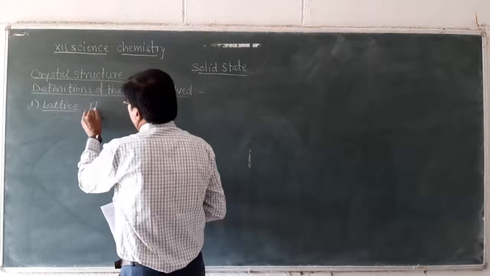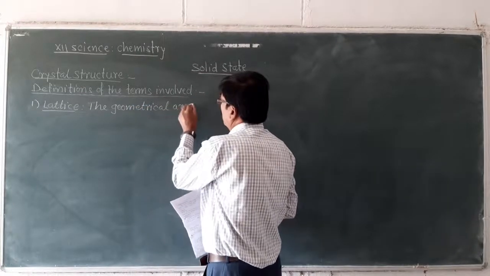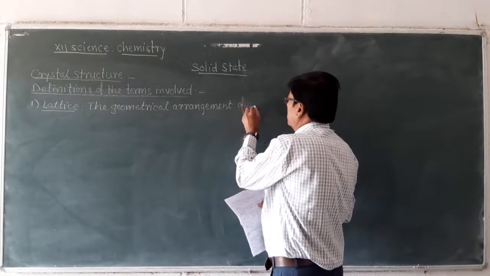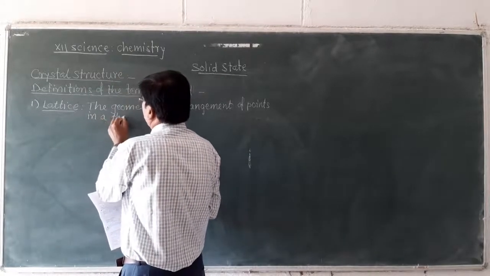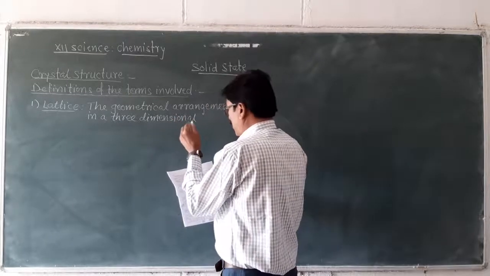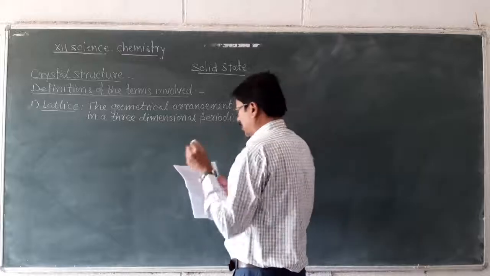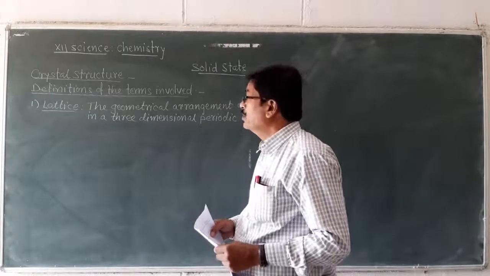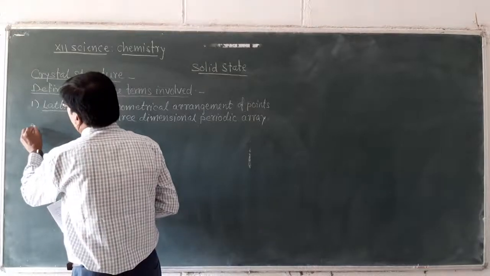The geometrical arrangement of points in a three-dimensional periodic array is called lattice. Next term, lattice point.